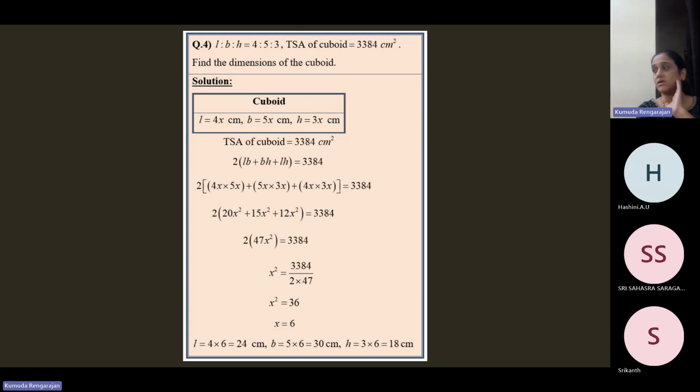Yeah, okay, you can find the diagonal. Also find the length of the diagonal.